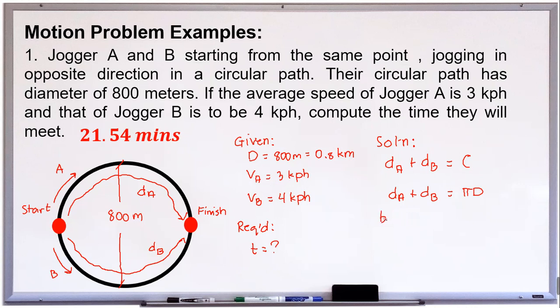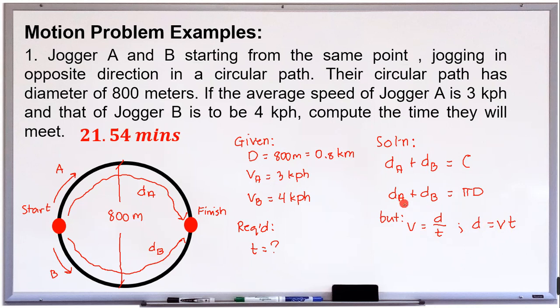We all know that the speed is equal to the distance over time. So therefore, since in our working equation we have here the distance variable, we're going to modify this one. So distance is simply equal to the product of the velocity and the time.